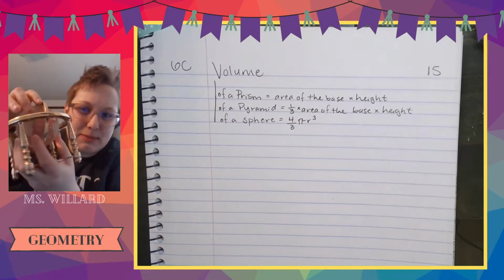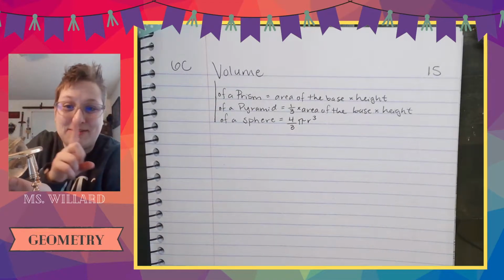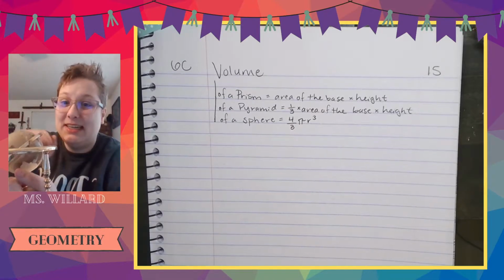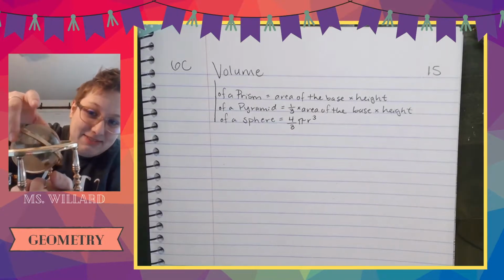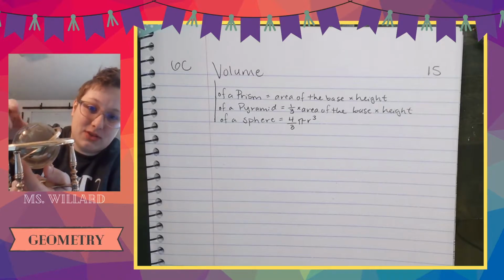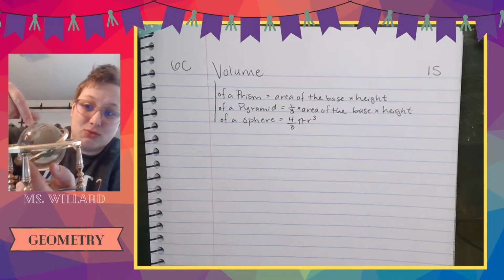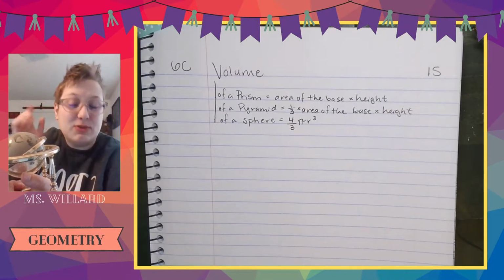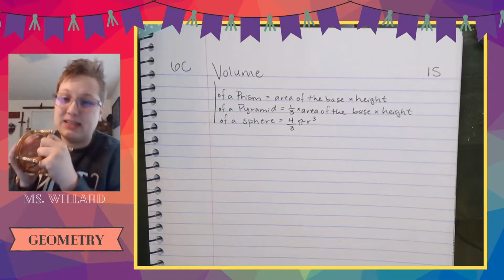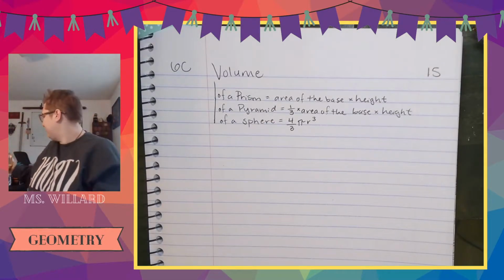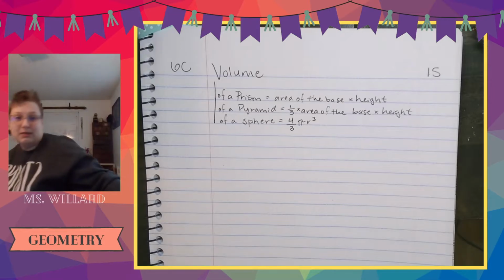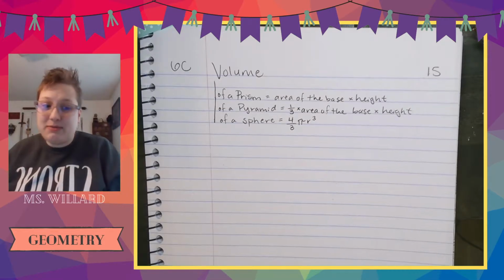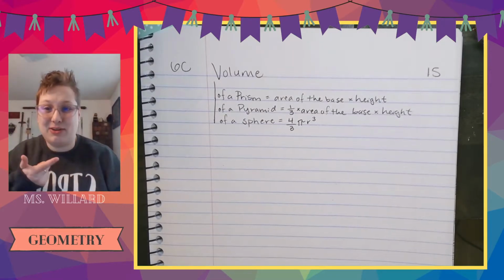Spheres don't really follow any rhyme or reason. I haven't been able to figure out why it's 4/3 ever. But if I have any sphere, it's 4/3 times pi times the radius cubed. So I would need to find the radius or be given the radius. A lot of times it'll tell you the diameter, so that's fine. Those are the only 3 formulas that you really need to find volume.